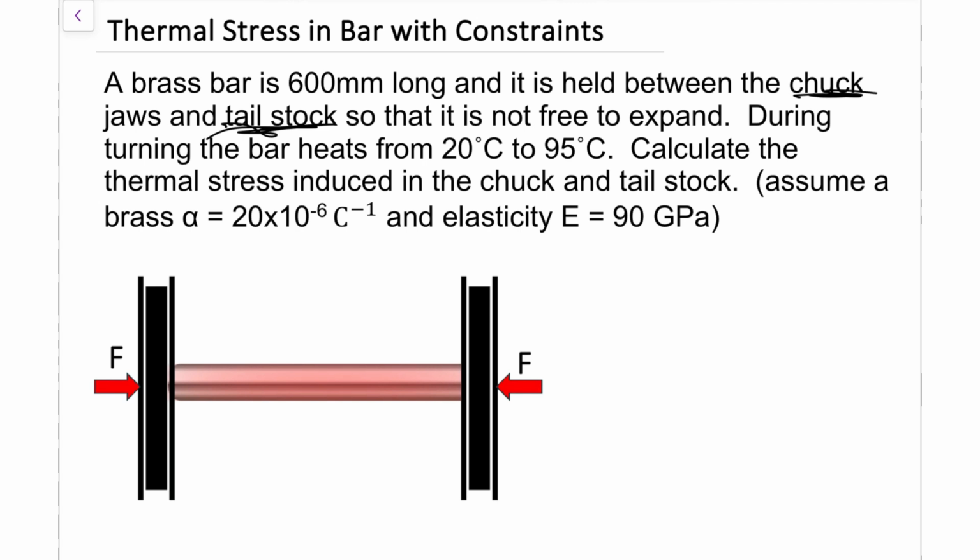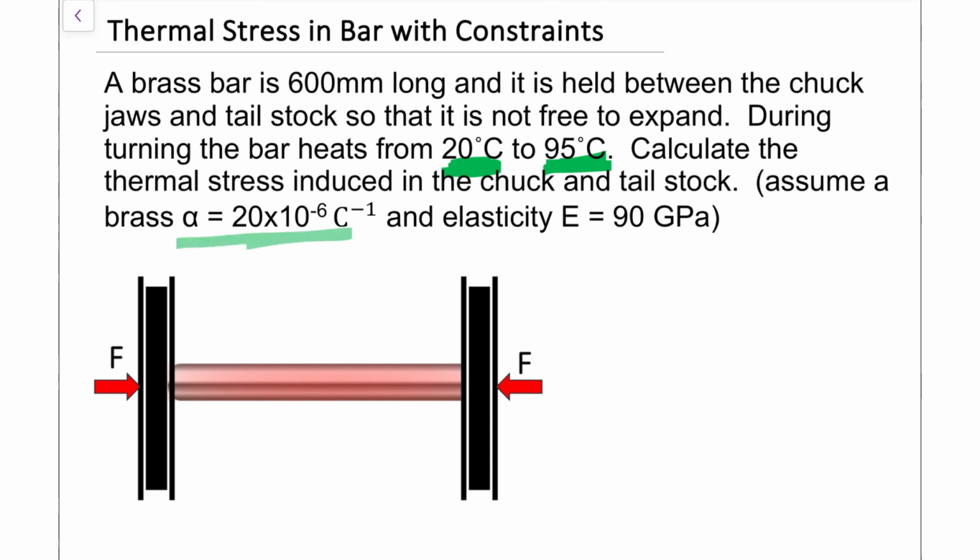So this is basically on one of those lathe machines. So let's get the idea of the question first of all. It's a brass bar and it's 600 mil long, and it is held between the chuck and the jaws of a tailstock. The bar is heated from 20 degrees Celsius to 95 degrees Celsius, and we need to calculate the thermal stress induced in the chuck.